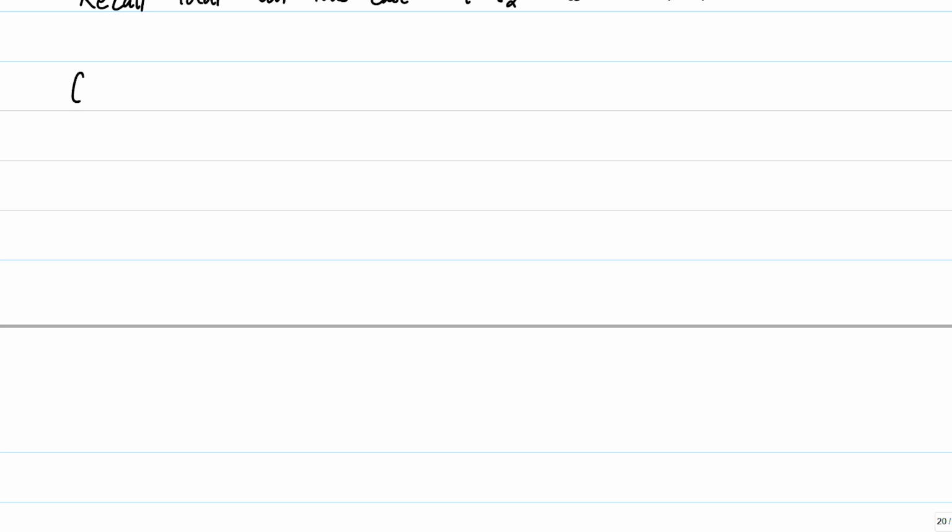What will be the first column? Column 1: look at T of 1 0 0 0 and see what it is in terms of the basis alpha.